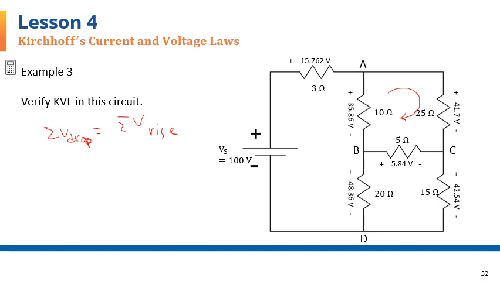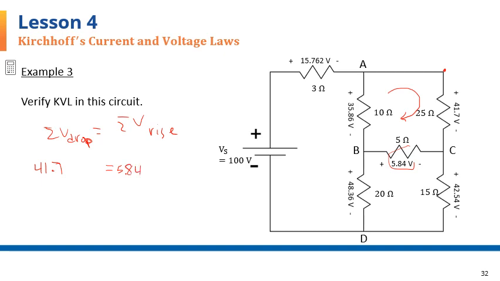So going around, I'm going to write all of the drops on the left hand side and all of the rises on the right hand side, starting randomly from here. The first voltage encountered is a 41.7 voltage drop, so that goes on the left hand side. The next one I come across is 5.84 volts, but that's a rise, so I'm going to put that on the right hand side, 5.84.